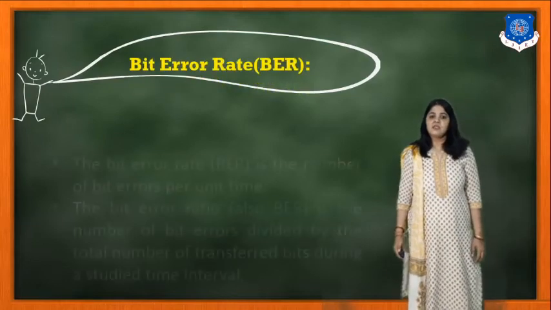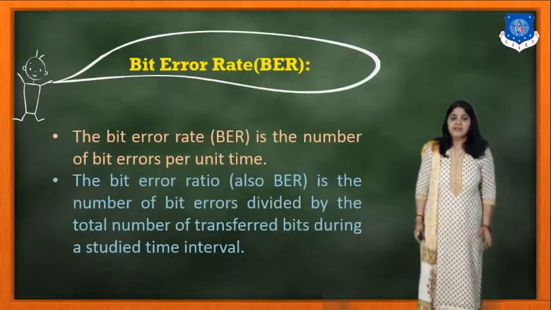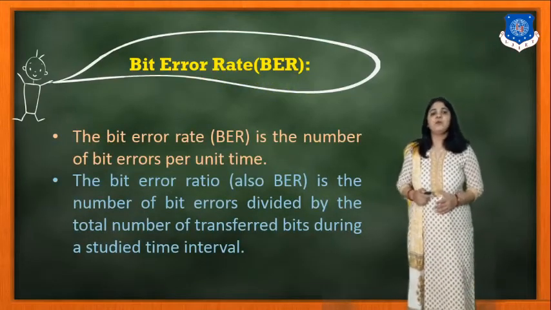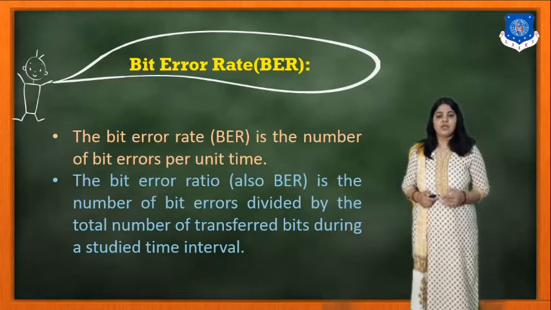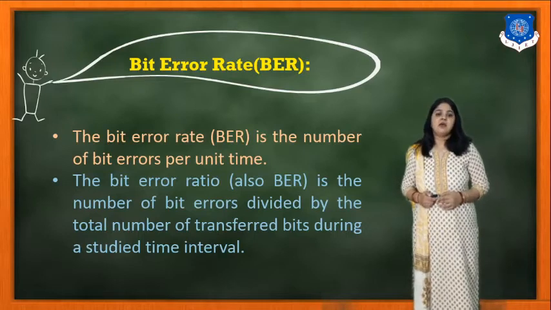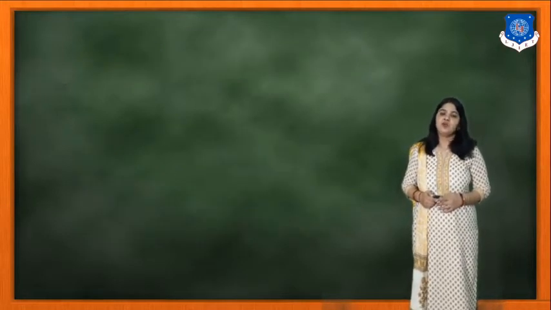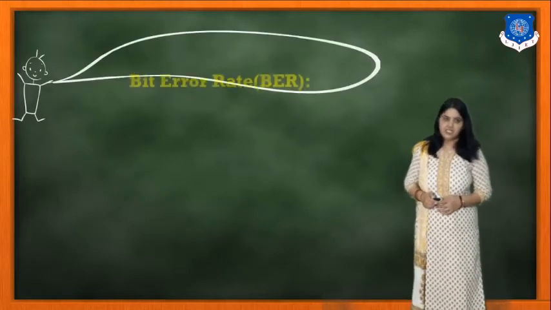The bit error rate is the number of bit errors per unit time. The bit error ratio is the number of bit errors divided by the total number of transferred bits during a studied time interval.